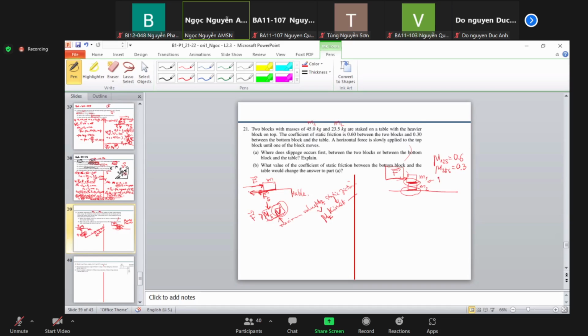I call it F_12s, the static friction force between 1 and 2.